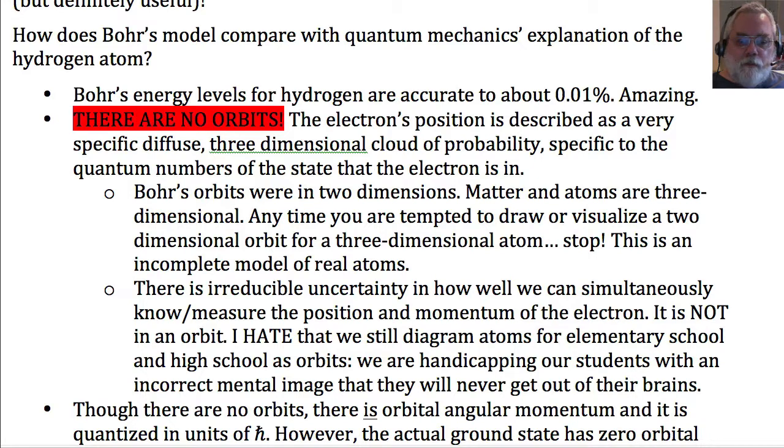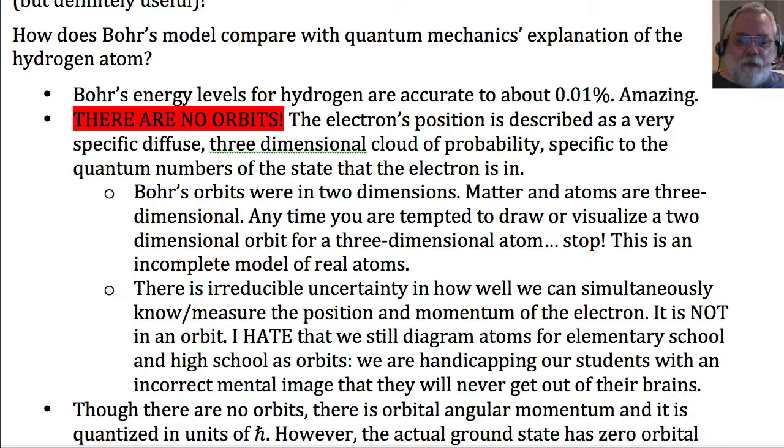There is irreducible uncertainty in how well we can simultaneously know or measure the position and momentum of the electron. It is not in an orbit. I hate that we still diagram atoms for elementary and high school students as orbits.